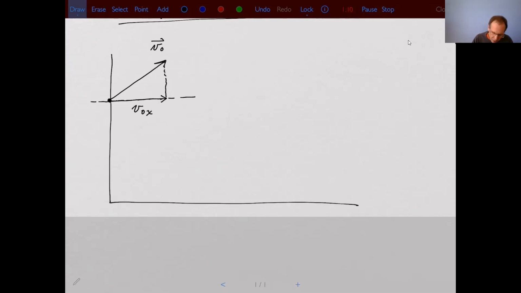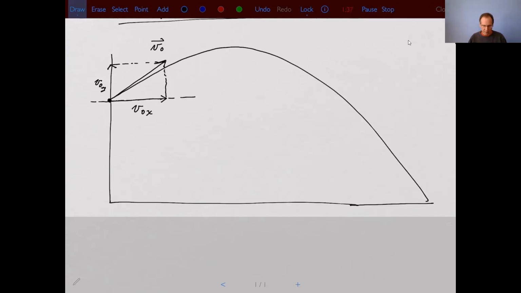And if I project over to the y-axis, this is going to be v naught y. So v naught means the initial launch velocity, v naught x is the x component, v naught y is the y component. And we know what's going to happen in general with a projectile, right? If I launch this, it's going to go up, reach a peak, and then come back down and hit the ground over here somewhere.